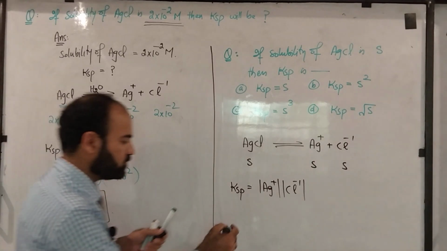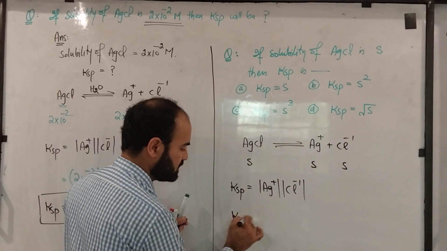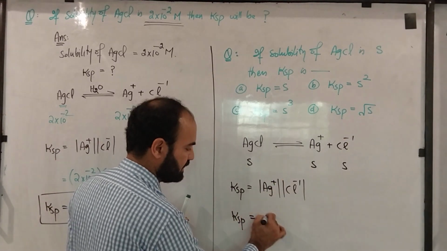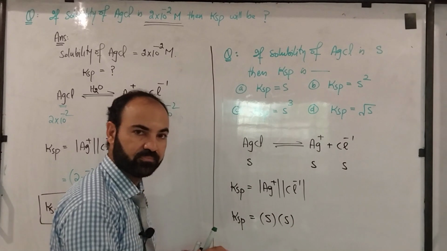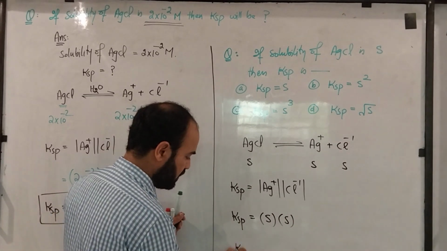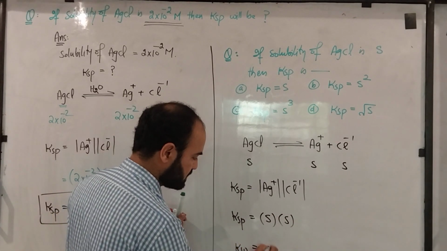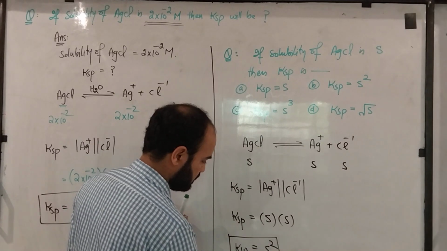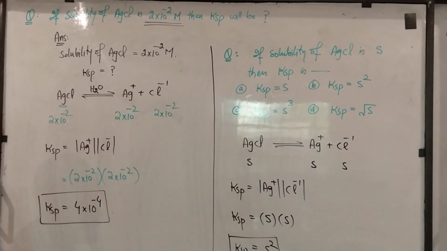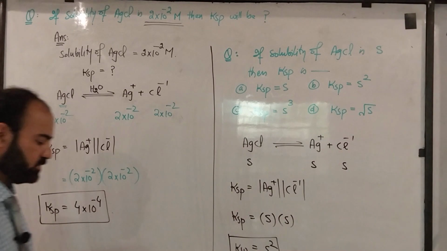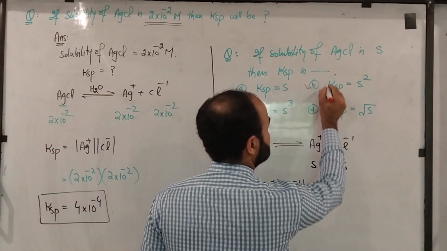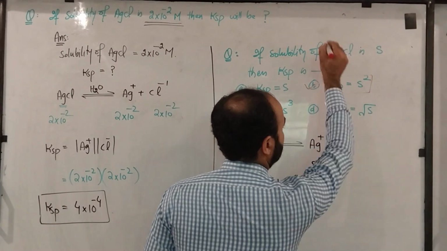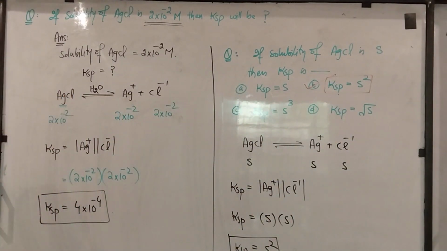So what we get is that KSP is equal to concentration of silver ion, S, and concentration of chloride ion, also S. So KSP will be equal to S square. So what do we have to select here? We select here the option that KSP is equal to S square.